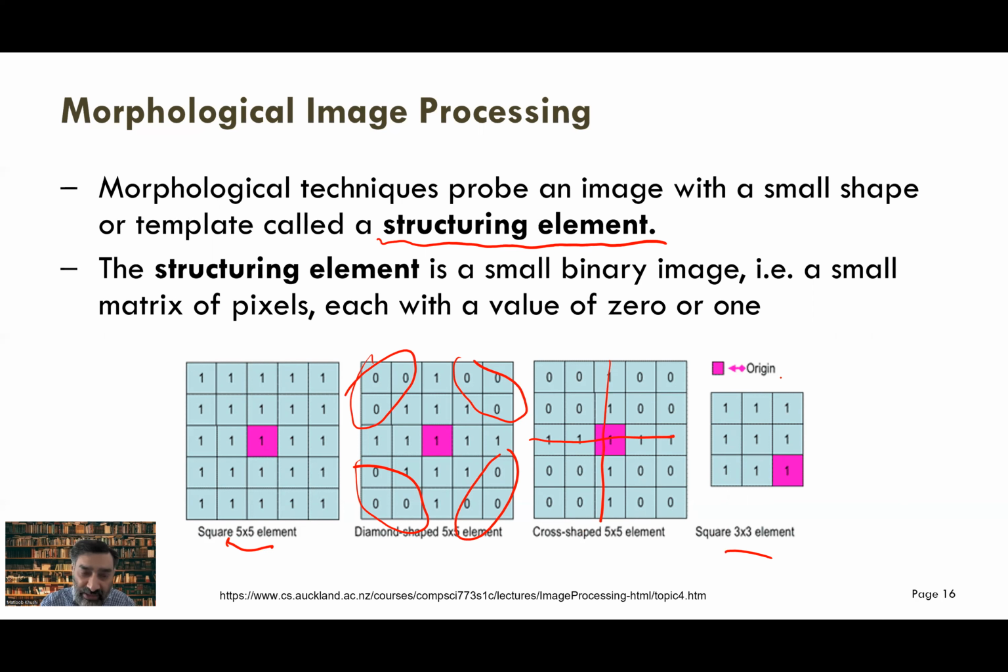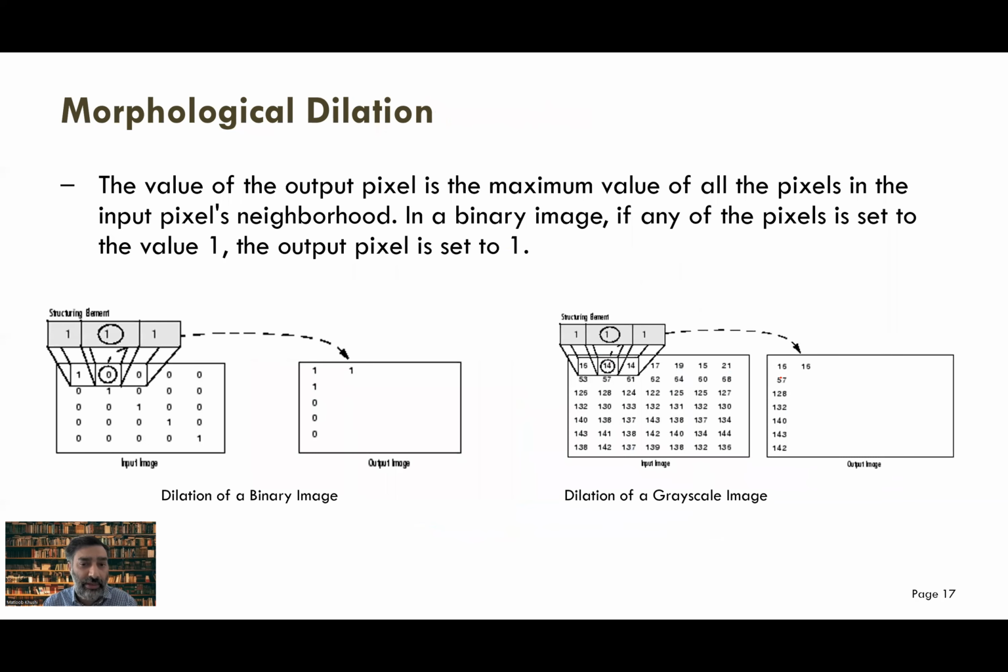Using these different structuring elements, we then process the original image. The overall concept is exactly the same as the convolutional neural network, like how we do the convolution over there, but the calculation is different, right? How do we calculate? Here's the calculation.